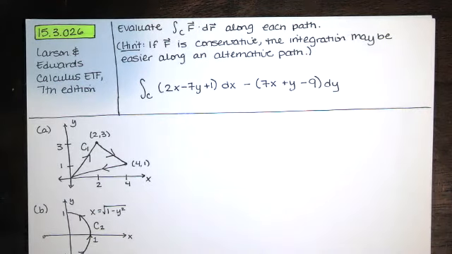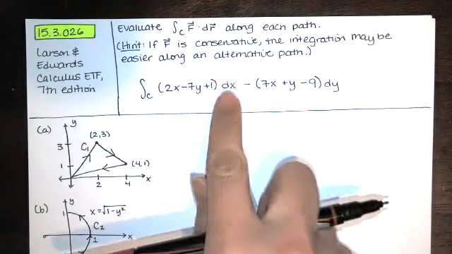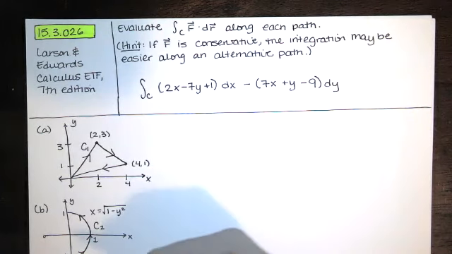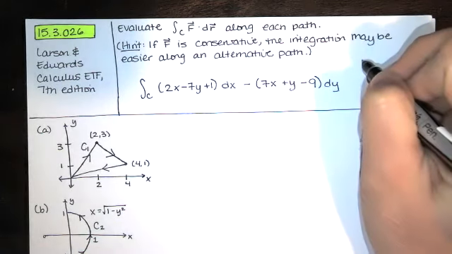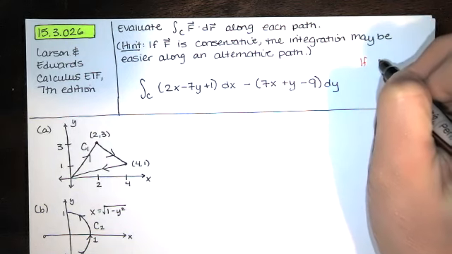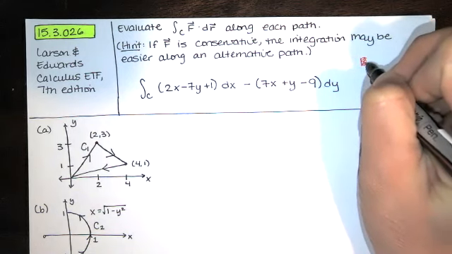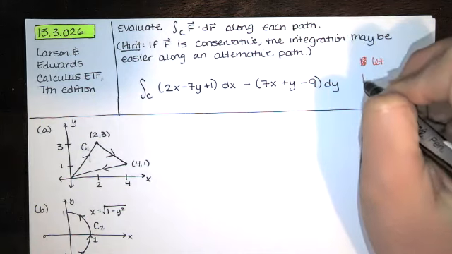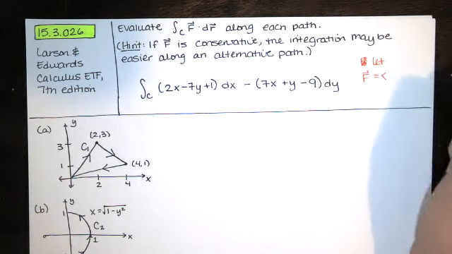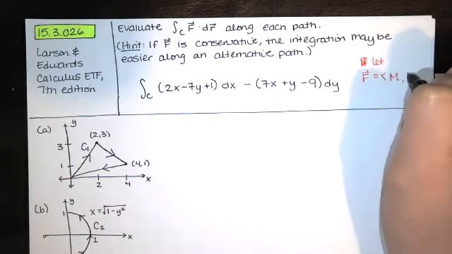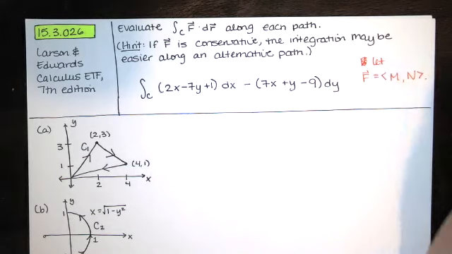Now, this is in differential form, so it's implied that the function multiplying dx is the x component of our field. If we label our field in this way, we're going to let f be a field in the plane with components m and n.